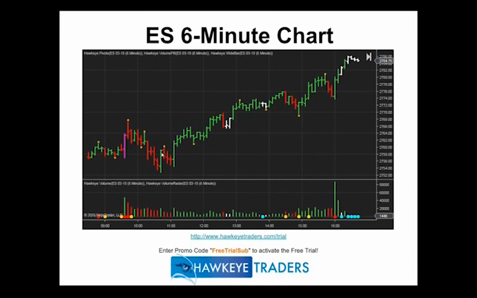Price has also dipped down and made a brand new low right here, and then it pulled right back up very quickly. An engulfing bar with slightly greater than average volume is very bullish, and you want to be long in a market that's bullish, obviously. This is a correction, this is a turn, because it's responsive buying.